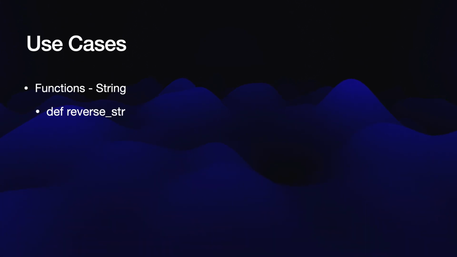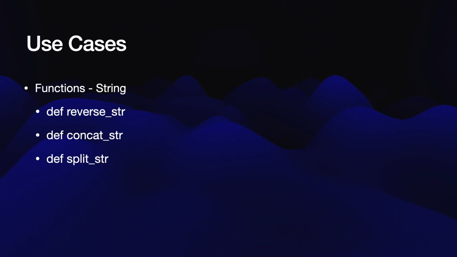First, we'll create a function called reverse string, which will just reverse the string as the name suggests. Then we'll create concat string, which will just concatenate two strings, and then another function called split string, which will take a sentence and split it based on the spaces.